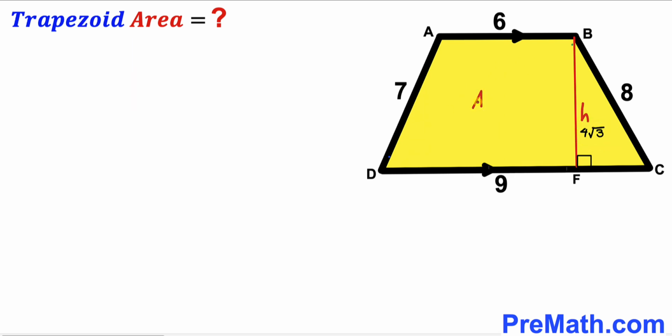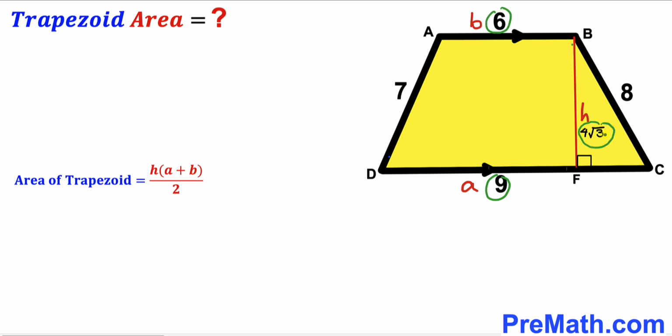Now we are going to calculate the area of this yellow shaded trapezoid ABCD. Let's recall the area of a trapezoid formula once again. Area equals height h times the sum of these two bases a plus b all over 2. In our case, our base a is 9, our base b is 6, and our height h is 4 times the square root of 3.